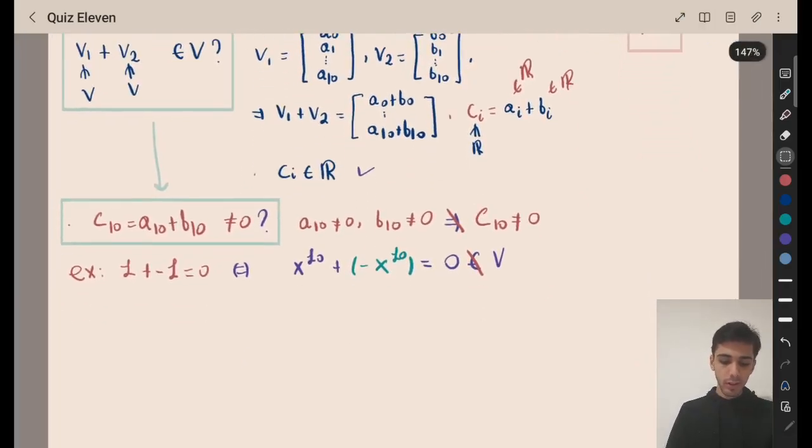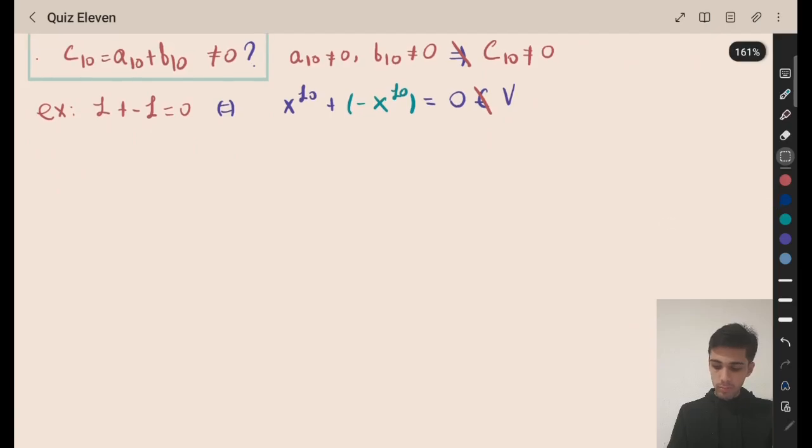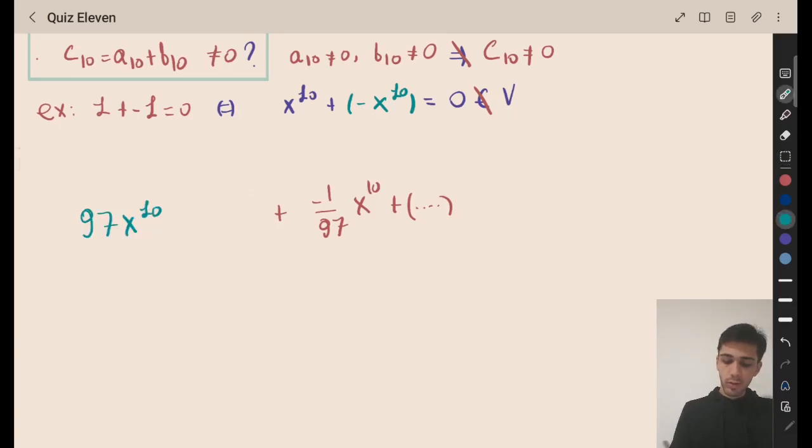So for example, if I take 97x to the 10, I can always find a polynomial which will be minus 1 over 97 x to the 10 plus ... And this will be 97x to the 10 plus ... This will always not be in my vector space.